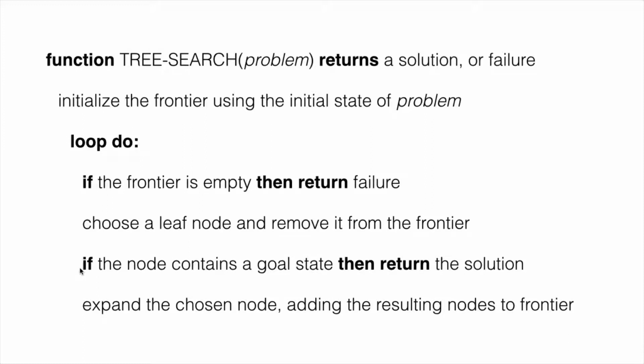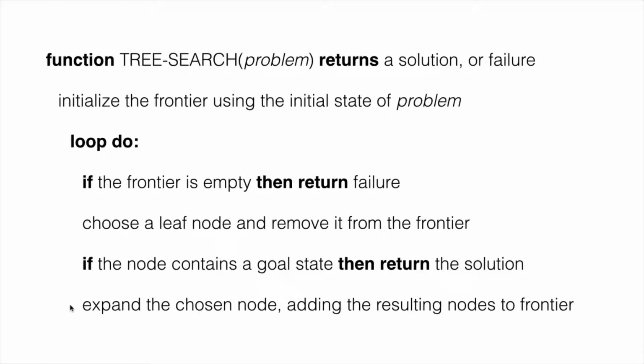You won. Okay, but if it's not a goal state, if you haven't won yet, then you have to expand that node. That node that you just pulled out of the frontier, you expand it and add all the resulting nodes from the expansion to the frontier. What that means is, when you expand a node, you discover what the actions are that you can take and what the resulting states will be, or sort of symbolic representations of those states because you haven't actually visited them yet, right?